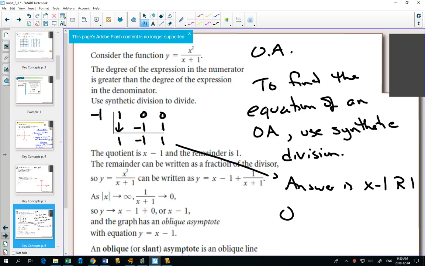You ignore the remainder. Your oblique asymptote is just going to be the equation that you get with ignoring the remainder.